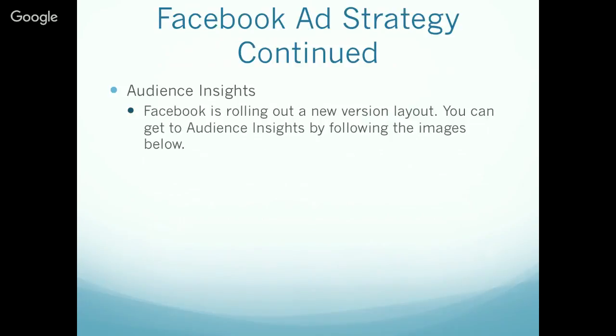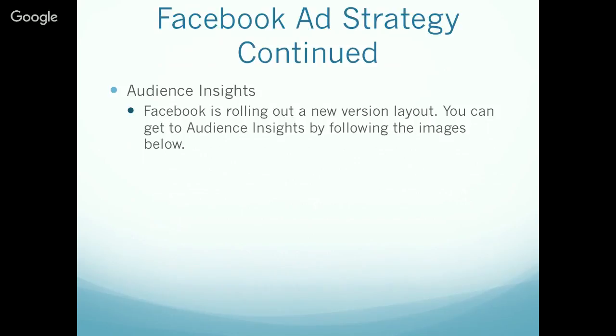So Facebook is rolling out a new version layout for the backend. So your backend may look similar or different to the images, and just choose the screenshot that most closely resembles your back office.